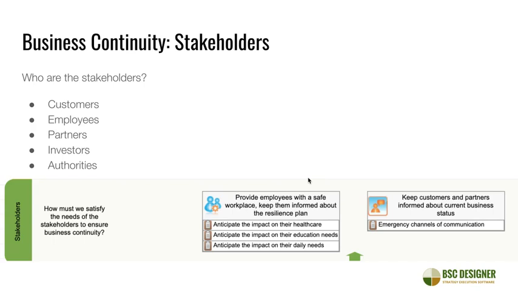And for employees, of course, we need to provide them with a safe workplace if remote work is not possible. And we need to keep them informed about the resilience plan for the business. And if we want to do it well, we need to anticipate the needs of employees in their daily life, like healthcare needs, educational needs, other daily needs, because of course they will be affected.